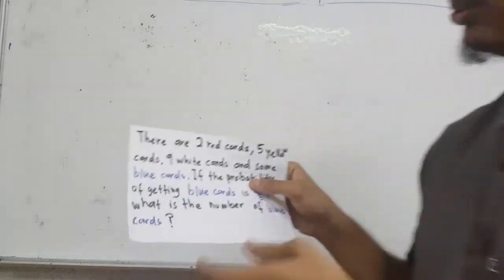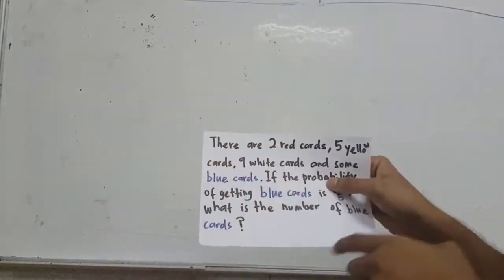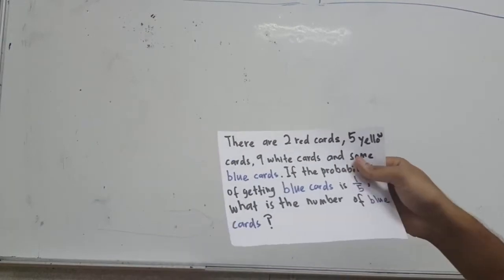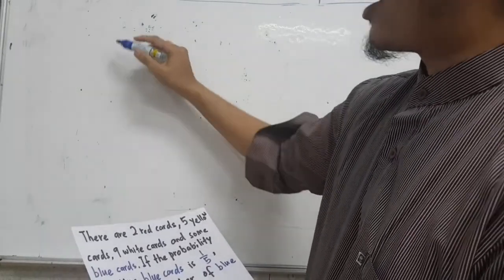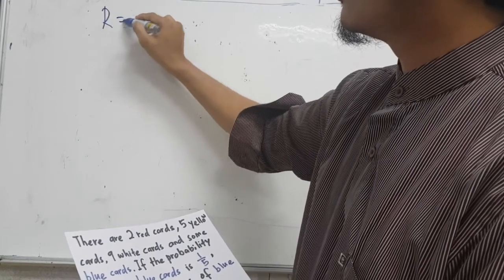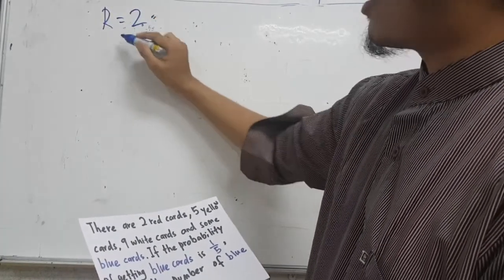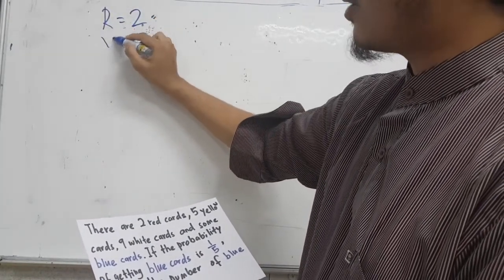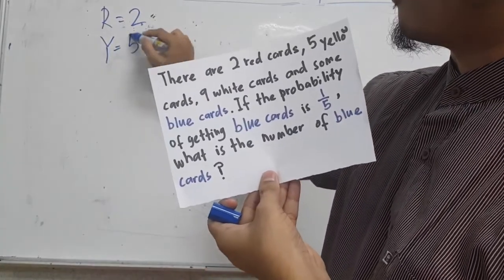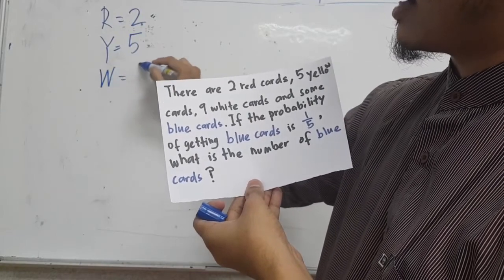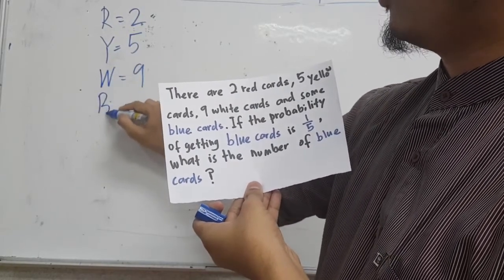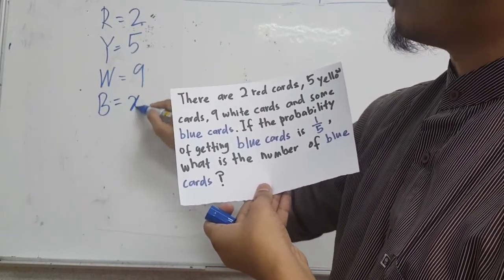Now we are going to see how to find the number of blue cards. Ready? First we write down the information. We have red 2, yellow card 5, white card 9. The blue we do not know, we put it as x.